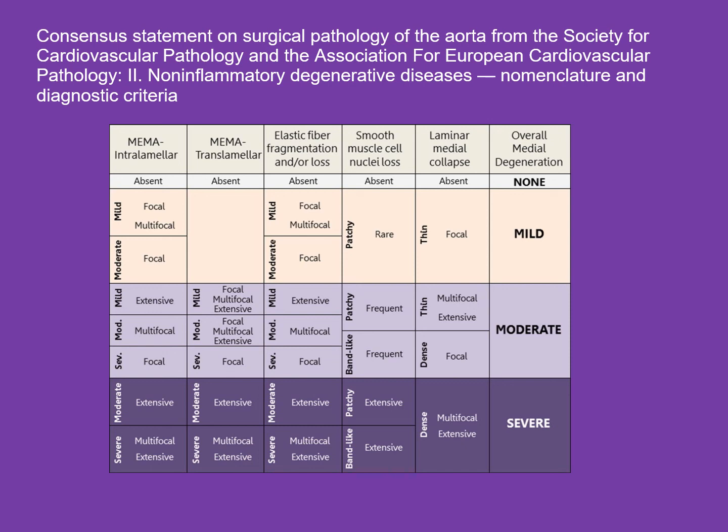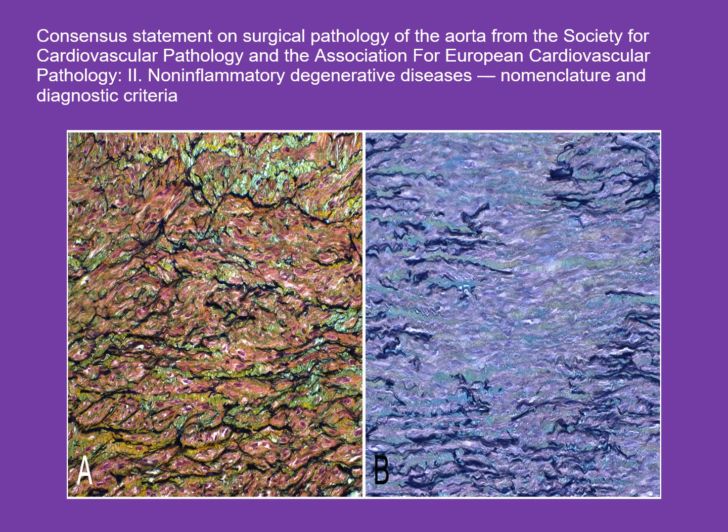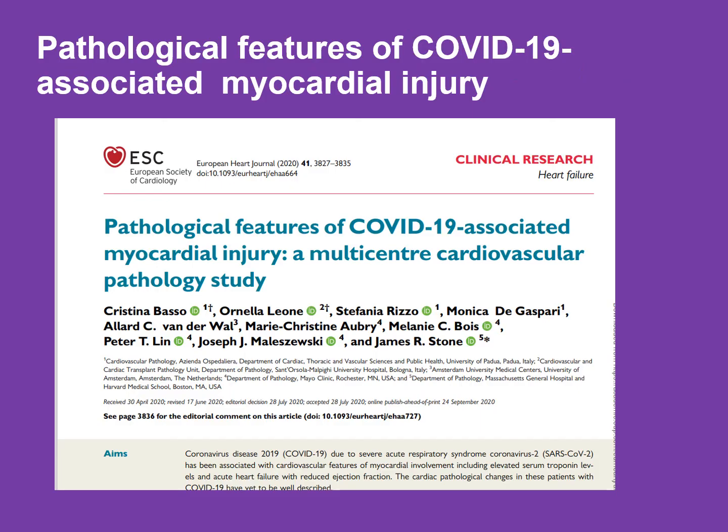So you can apply this, but in other centers, I don't think they are using this criteria. So you can see here extensive loss of your elastic fibers in some of the aneurysmal vessel wall.